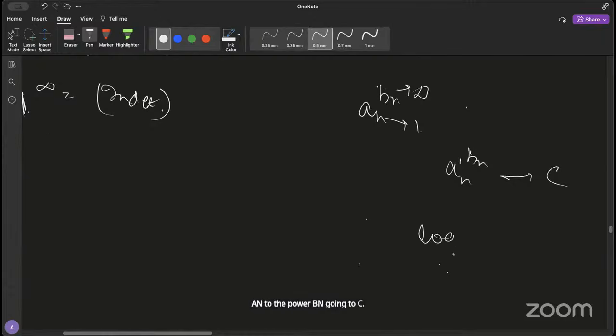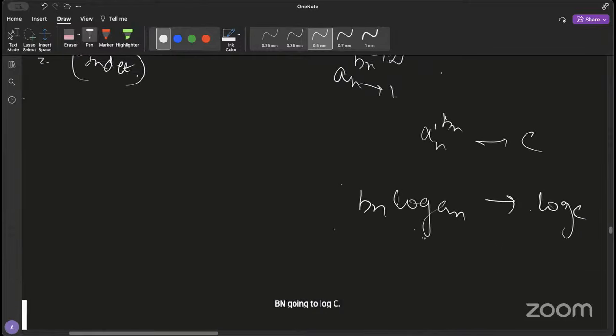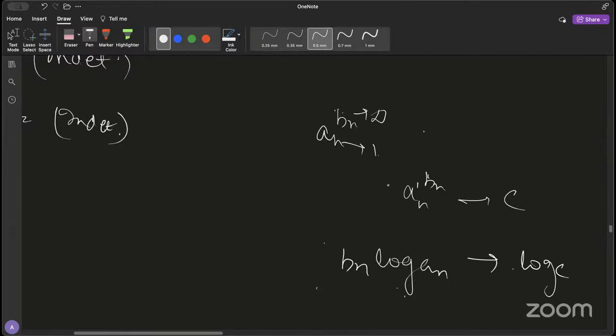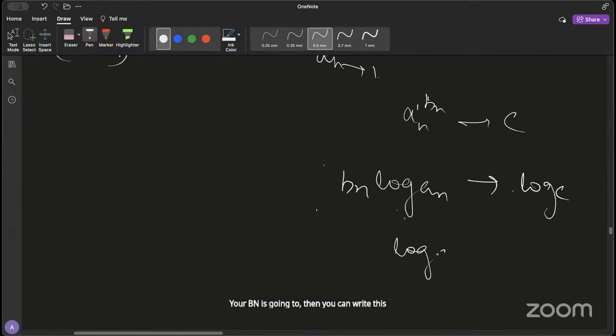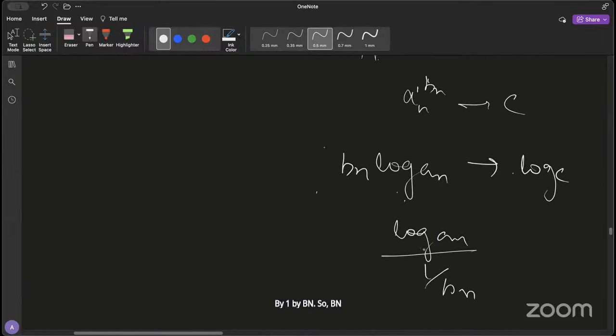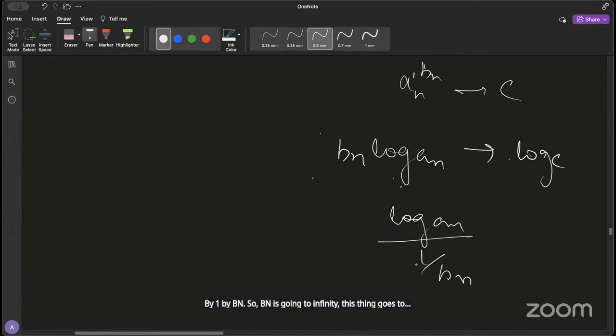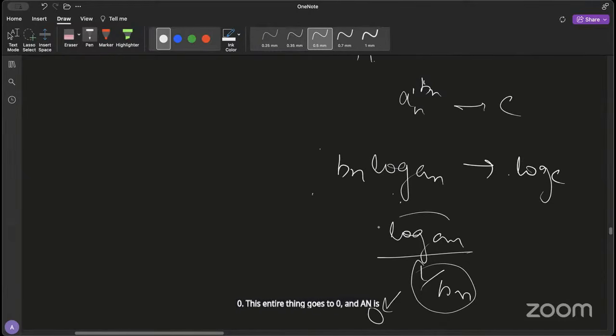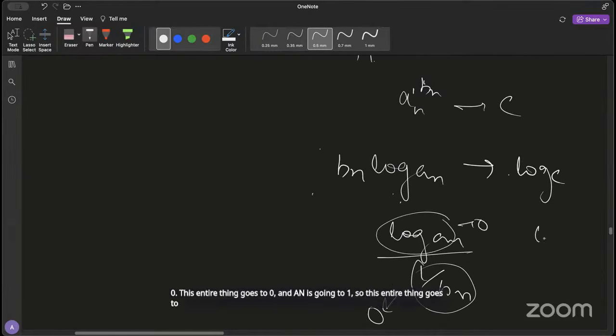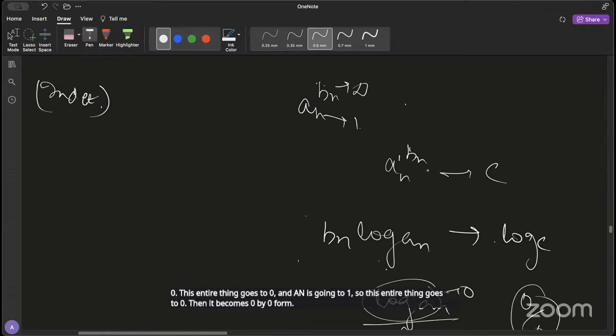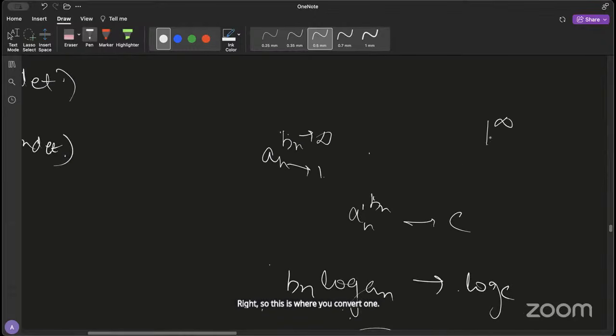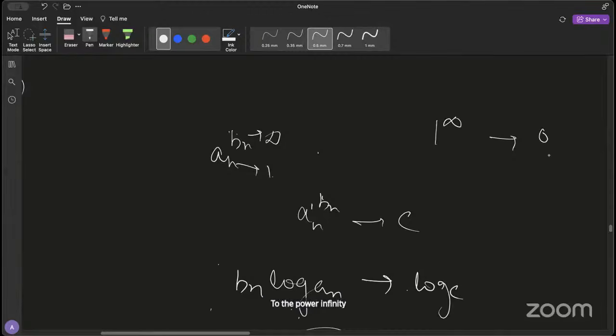This will be log an to the power bn going to log c. Your bn is going to infinity, so you can write this as log an by 1 by bn. So bn is going to infinity, this thing goes to 0. This entire thing goes to 0, and an is going to 1, so log an goes to 0. Then it becomes 0 by 0 form, right? So this is where you convert 1 to the power infinity form to 0 by 0 form.